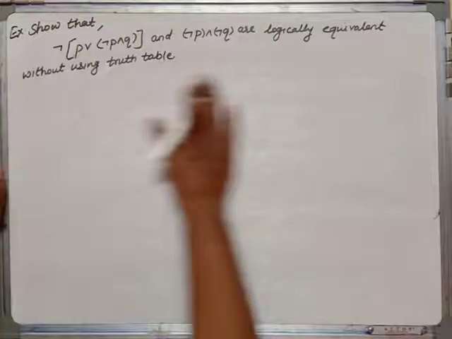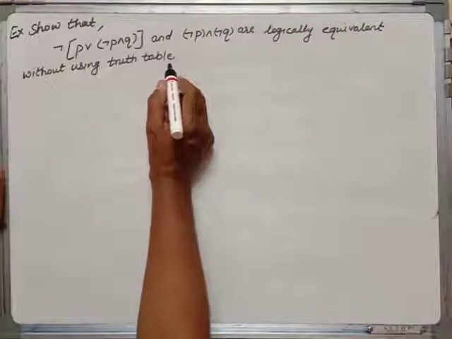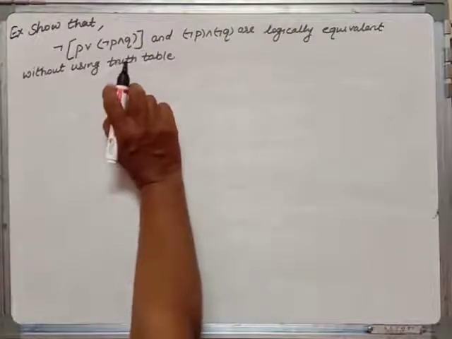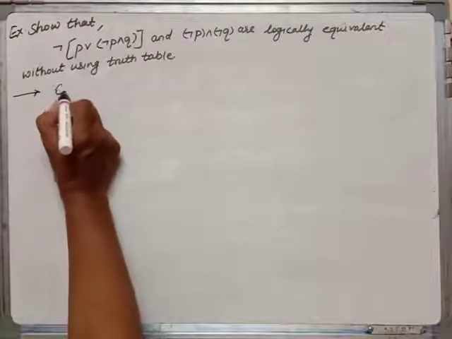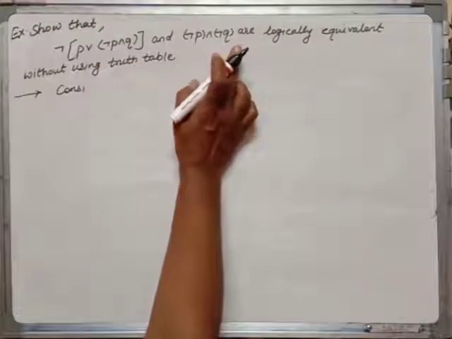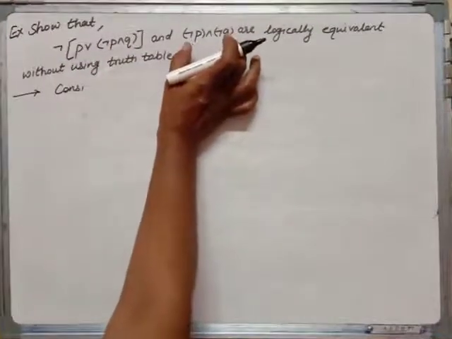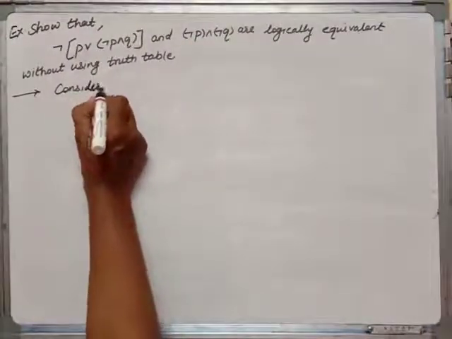If such a question is there, then you don't have a choice. You cannot use truth table or the truth values. Here you need to use logical identities only. So to show that these two things are logically equivalent, let me consider the first one and get the second one from it using logical identities.